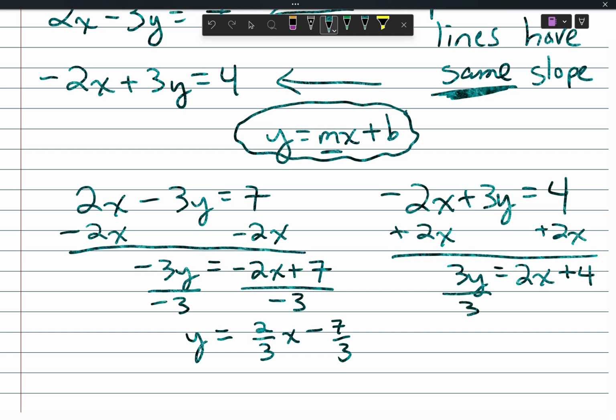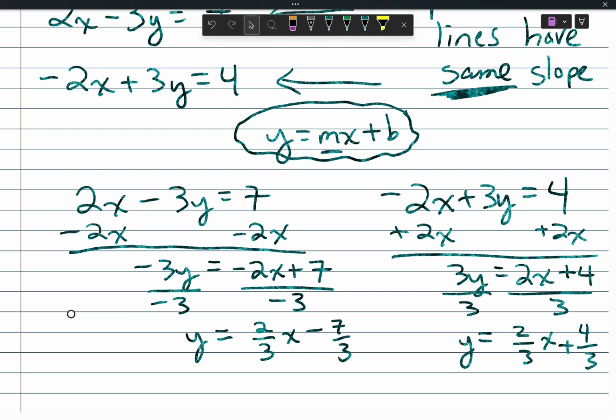And now you want to get the y by itself, so divide by the exact number that's next to the variable. So y is equal to 2 divided by 3, you can just leave it as a fraction, 2/3. Positive into positive keeps it positive. And then 3 doesn't go evenly into 4, so you can leave it as a fraction, 4/3. And positive into positive keeps that as a positive.